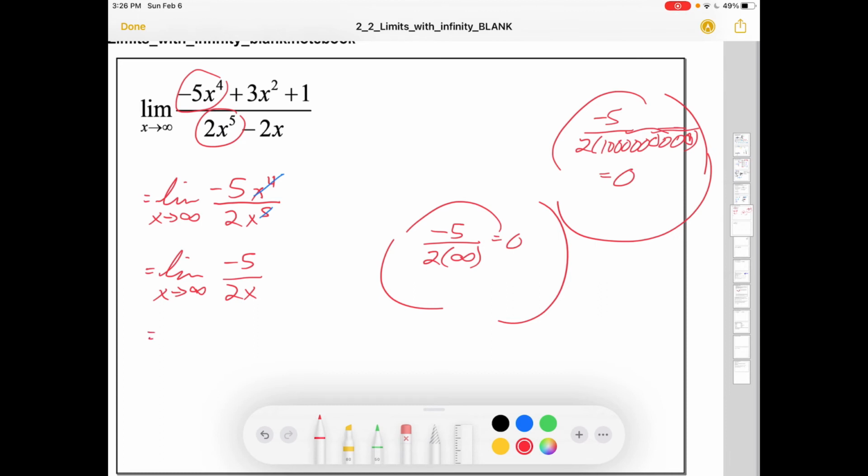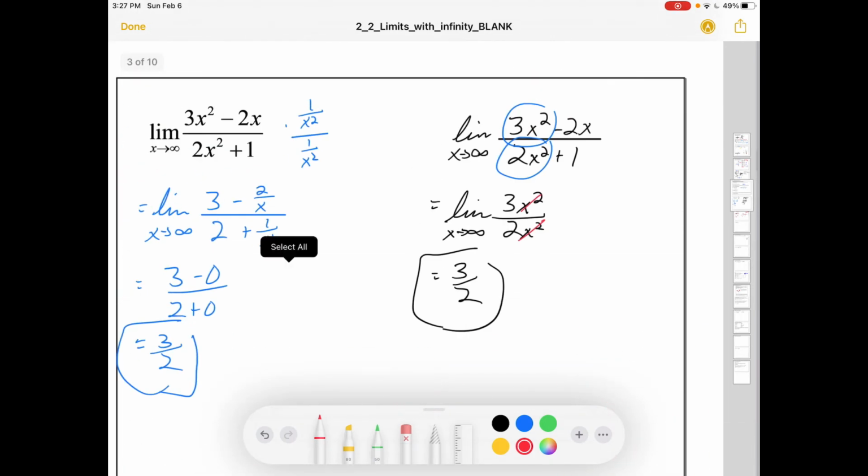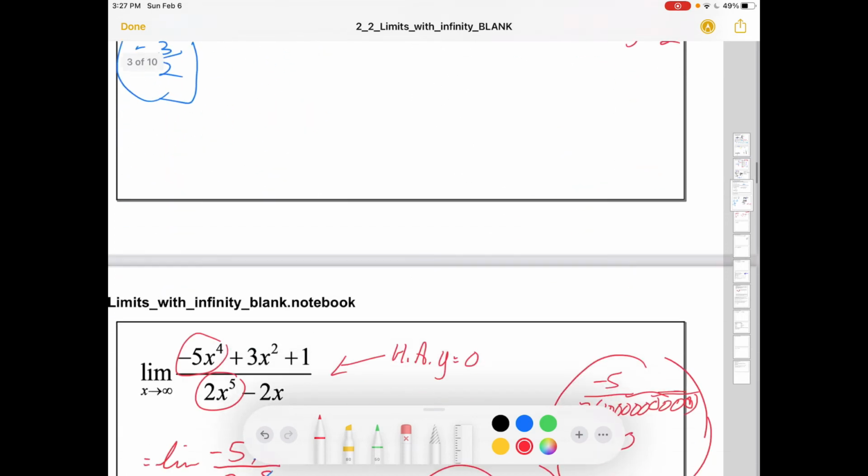If the highest power is in the bottom, you're heading towards 0. That means this function has a horizontal asymptote of y equals 0. And this function back here has a horizontal asymptote of y equals 3 over 2, whenever the limit turns out to be a number.